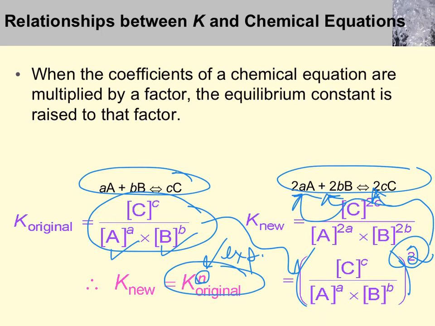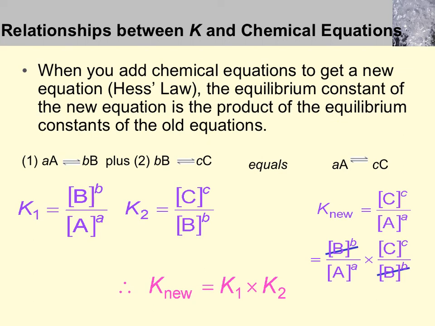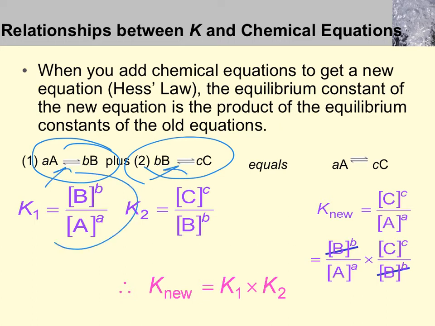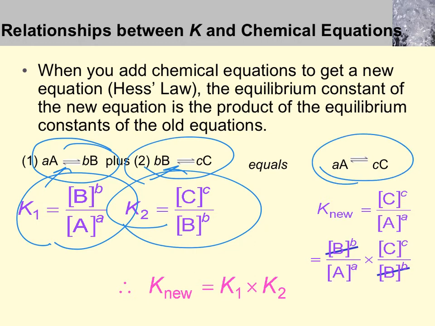There is a third one, and this is kind of a weird one. This would happen in Hess's law, for example, if you remember that in thermodynamics. If you add 2 reactions together, and each of the reactions, when they were separate, before they were added together, has an equilibrium constant expression. So let's look down here.